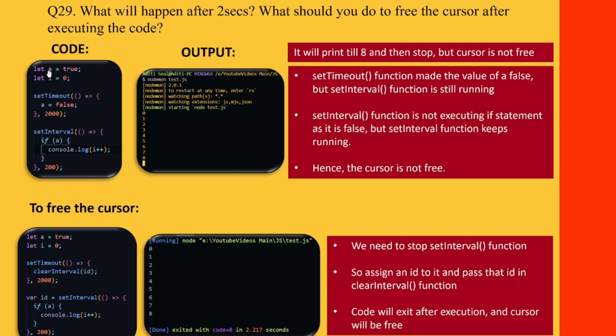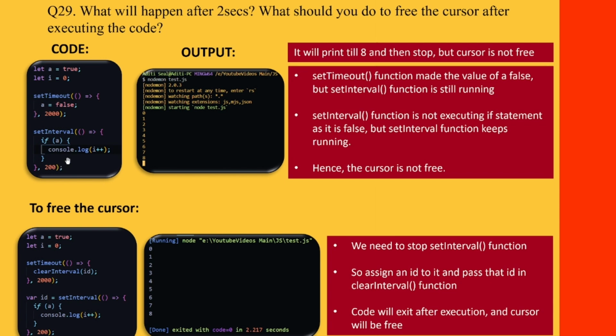First, it will assign a true value, then it will come to the set interval function. After 2 milliseconds, this set interval function will work. And after 2 seconds, this set timeout function will work. So that is why it comes to this line of code first and not to this line of code.